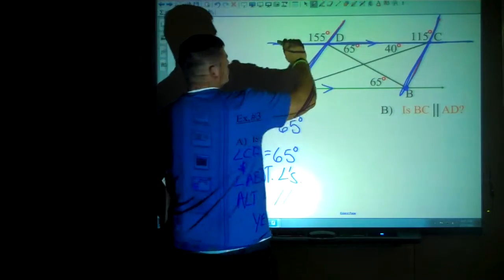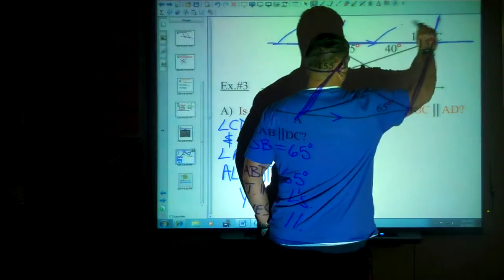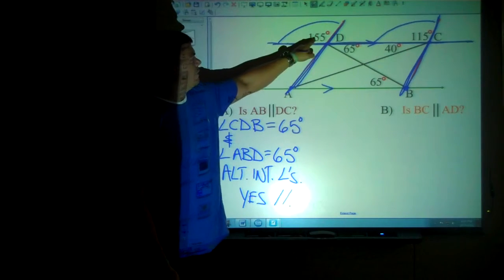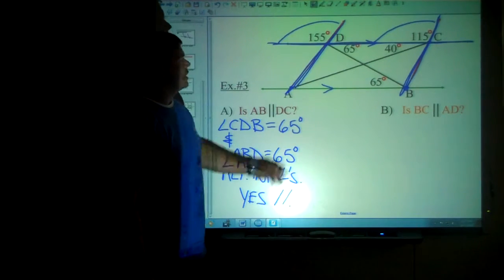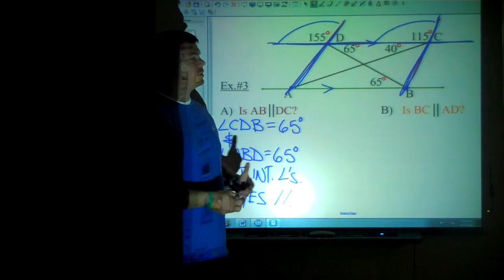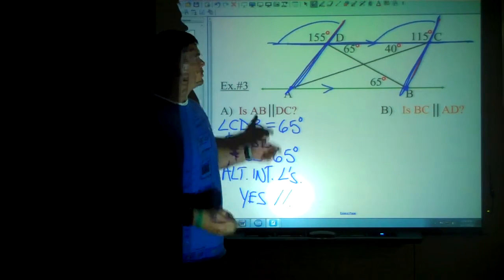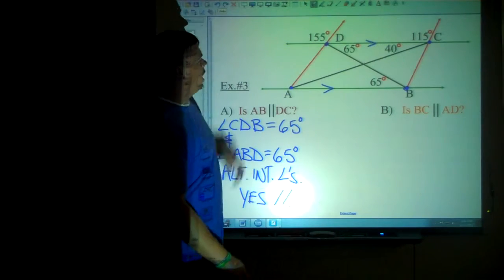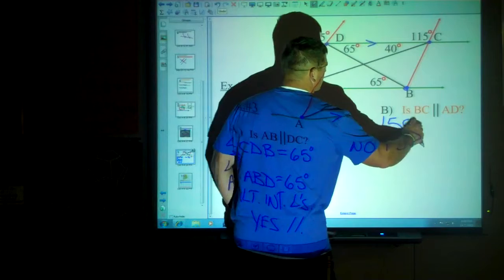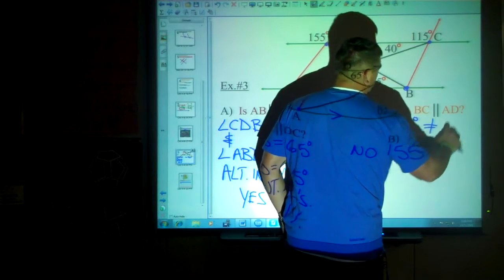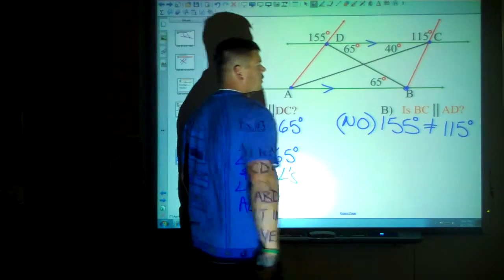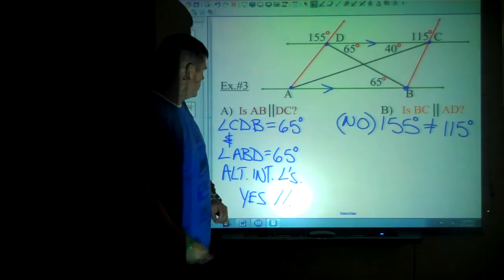If that's the transversal, then this corner and this corner are supposed to correspond, and since one of them is 155 degrees and the other is 115 degrees, they don't match up, which means they are not congruent corresponding angles, so we would say no. 155 degrees does not equal 115 degrees, and we need corresponding congruent angles.